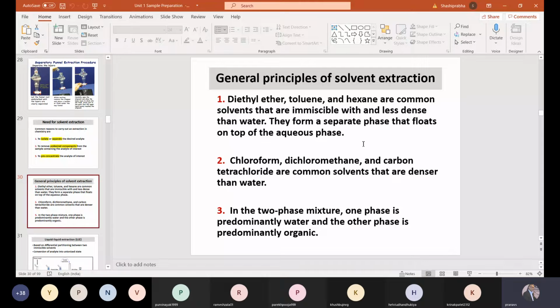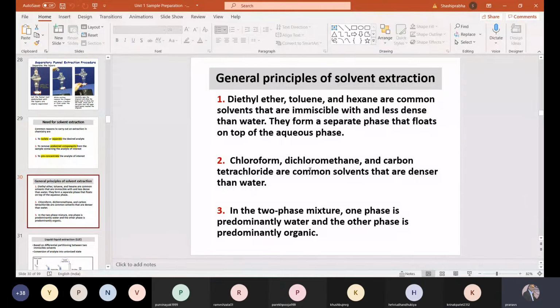These are some of the solvents which are water immiscible, and they are less dense than water. So they are on the top when we extract. Or else we can use chloroform, dichloromethane, carbon tetrachloride, or methyl tertiary butyl ether. These are some of the solvent systems which are denser, and can be used for solvent extraction or liquid-liquid extraction.